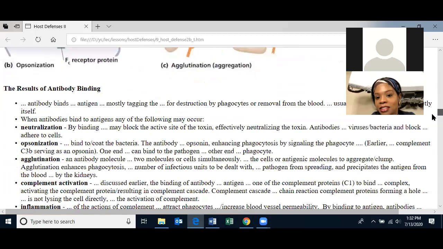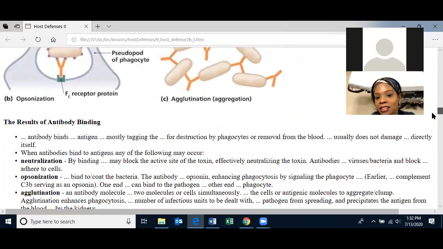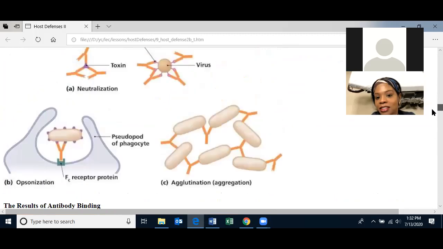All right, so the antibodies bind to an antigen, and the main purpose of the antibody binding to an antigen is that when it does, it just flags this cell for a phagocyte and attracts phagocytes to this cell that the antibody binds to, as well as aids the phagocyte in engulfing or phagocytizing the pathogen.